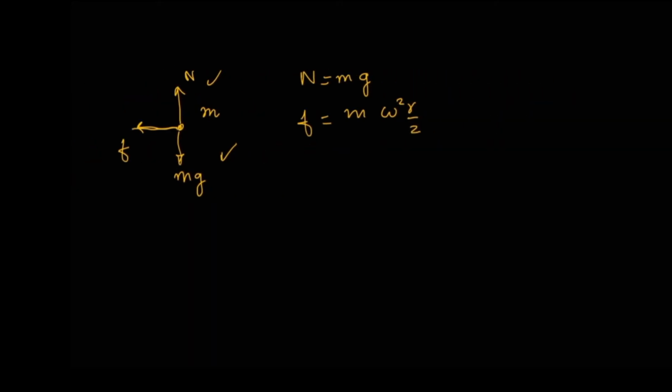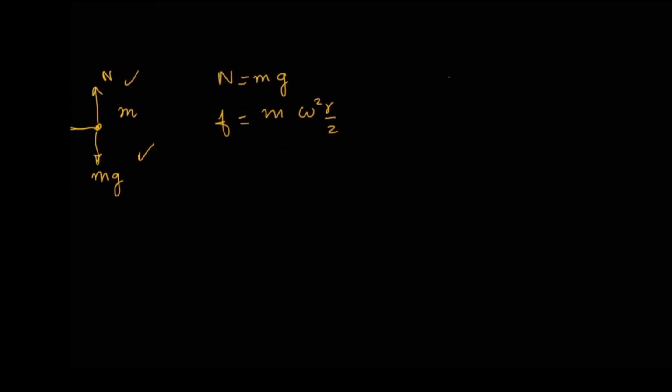So these are the values of N and F. We have got the value of N as mg, and the value of friction, which is m omega square r by 2. So these are the forces acting on the rod.